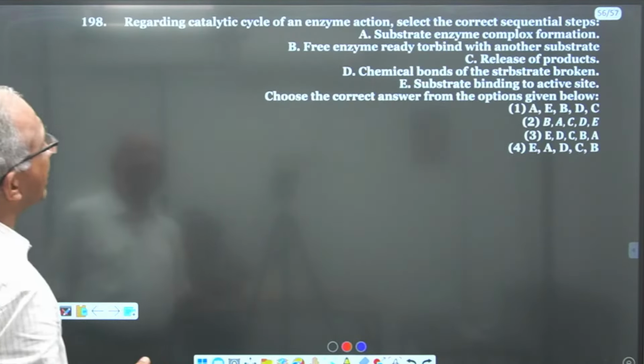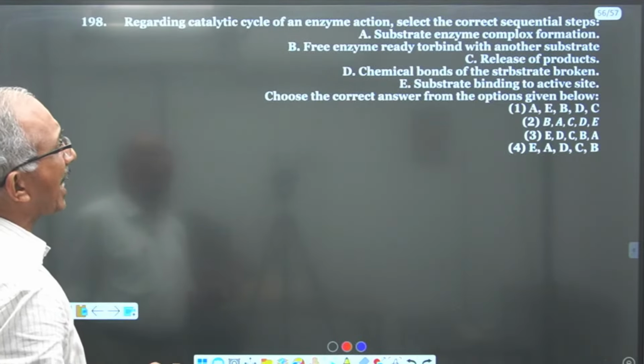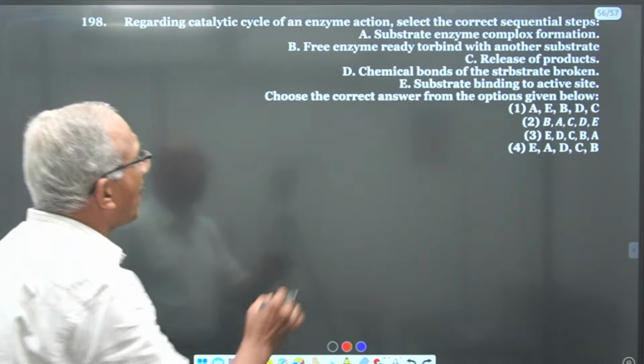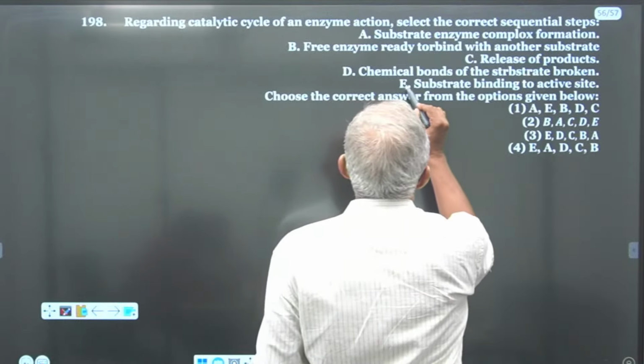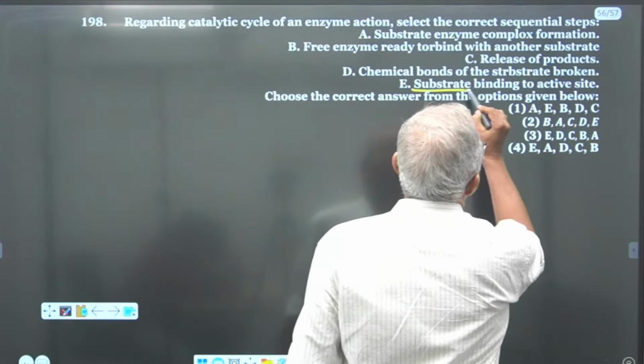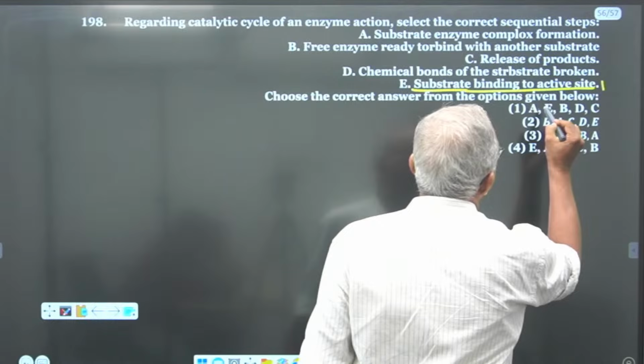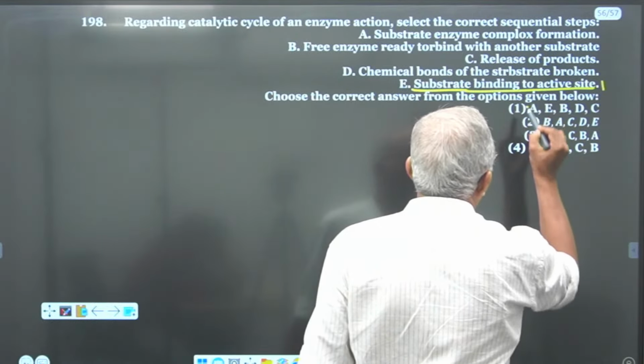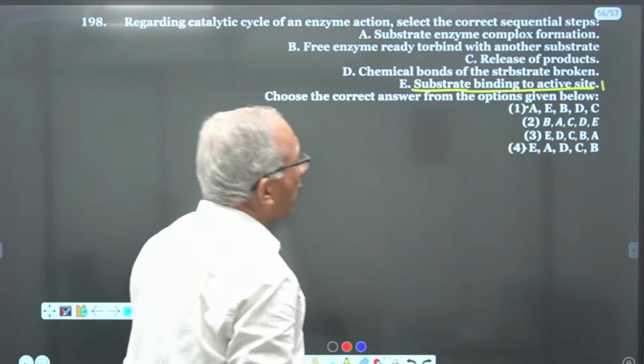Regarding the catalytic cycle of an enzyme action, select the correct sequence. The first one should be substrate binding with the active site, so the answer is either 1 or 4.